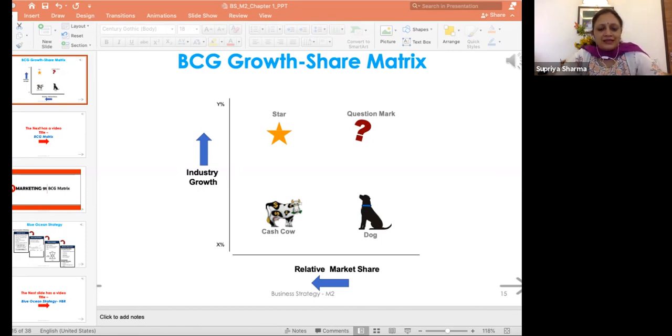It basically says that any business can be classified as high or low according to their industry growth rate and relative market share. Now, when we talk about relative market share, it is your SBU sale this year relative to competitors' sales this year.